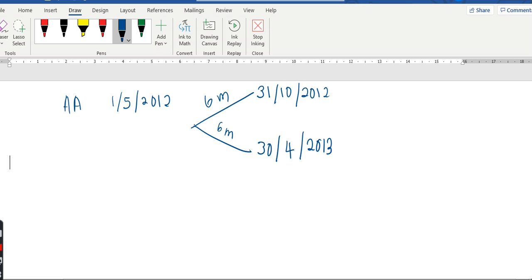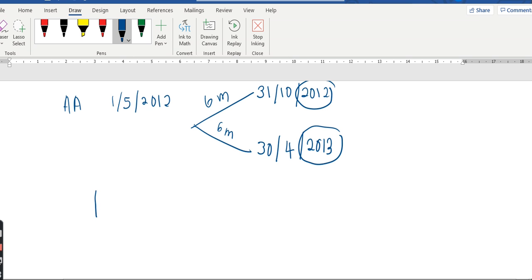This is the second interest payment for the bond, every 6 months. As you can see, this one is for the year 2012, but this one is already 2013. It has exceeded the accounting period.